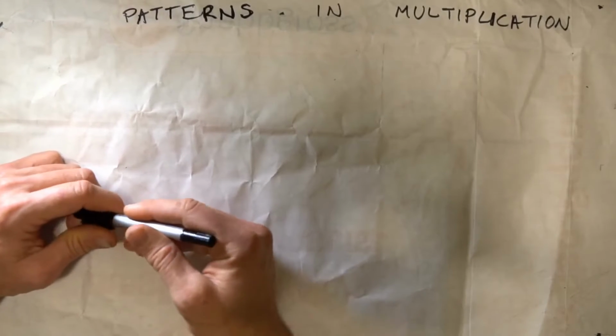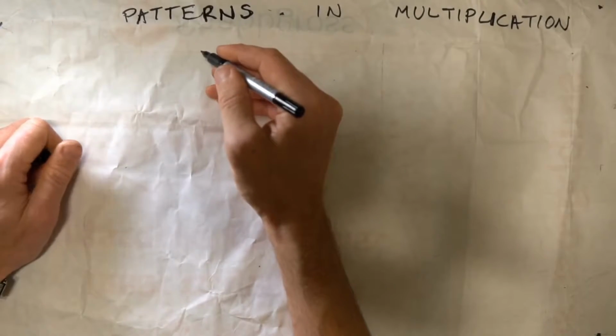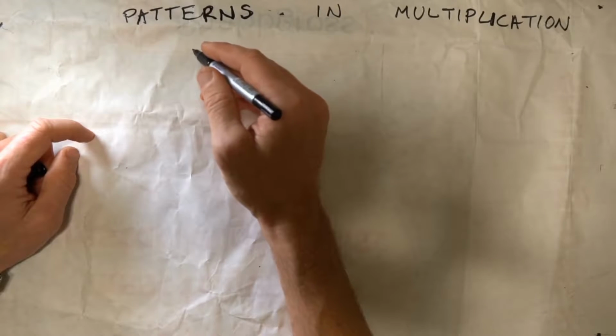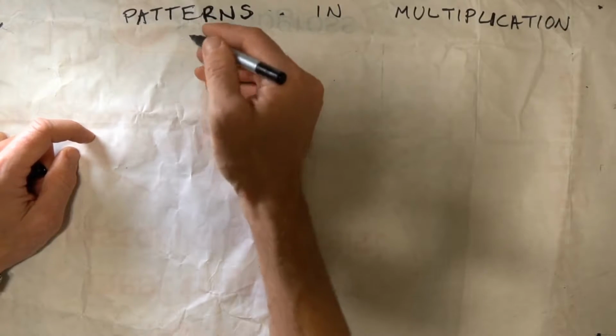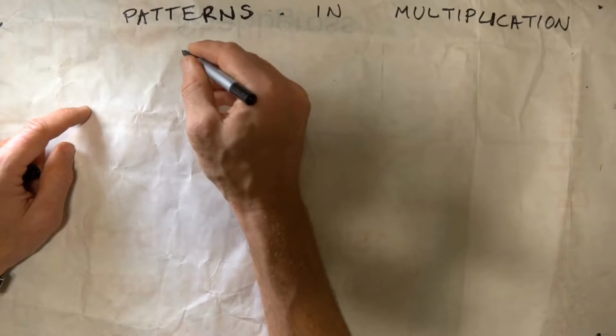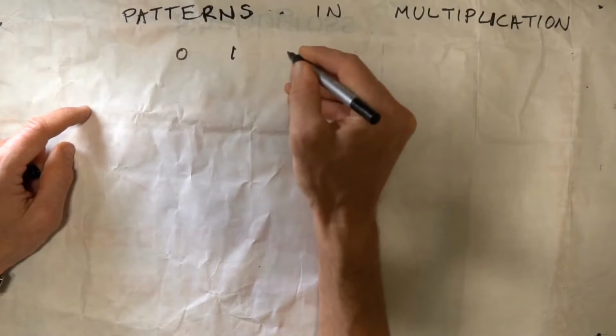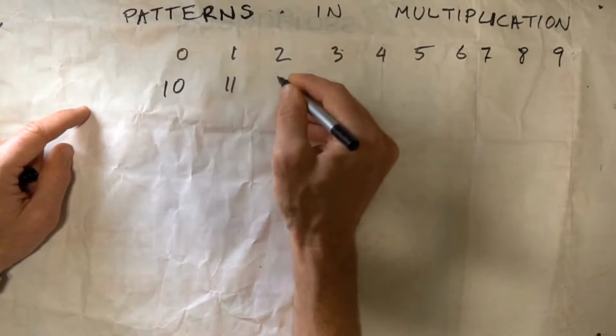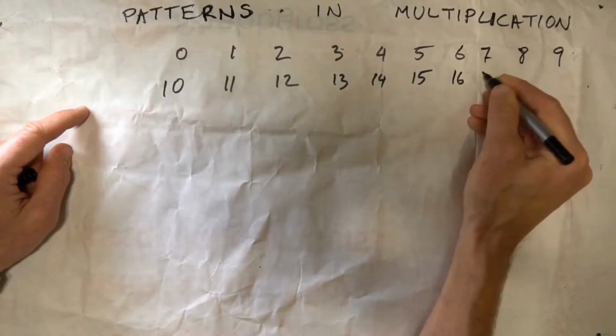Anyway, we're going to start out by writing all the numbers from 0 to 99, or let's see how far we get. All right, here we go. Let's start with 0, 1, 2, 3, 4, 5, 6, 7, 8, 9, 10, 11, 12, 13, 14. You get the picture, right?